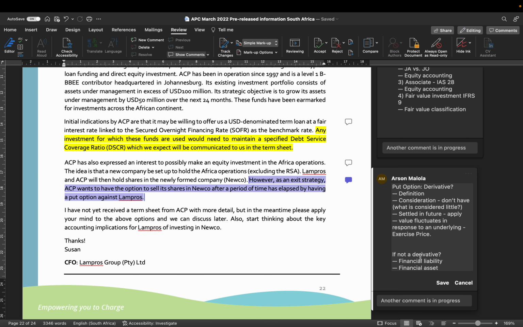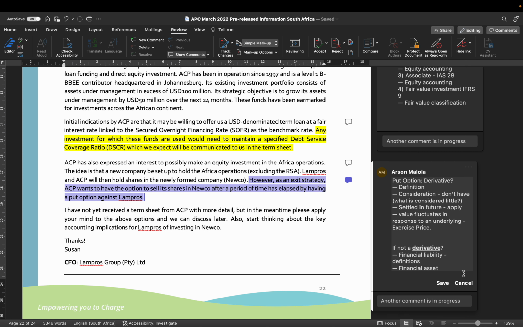So if not a derivative, the next logical thing, at least for me, would be to consider whether or not you have a financial liability here or some sort of financial asset. Again, how do you know? Apply the definitions, to the extent that you can, in the information that you have.